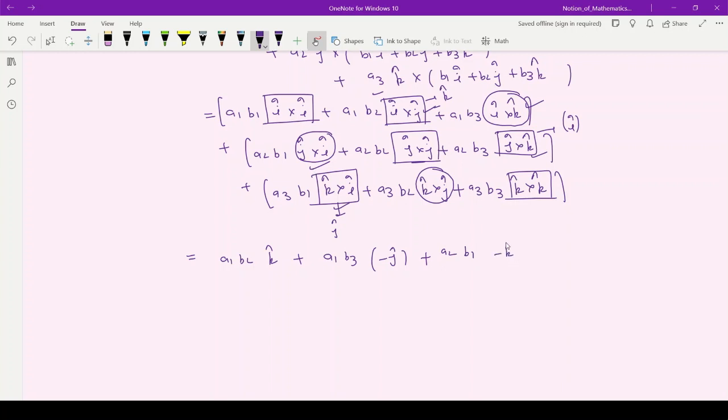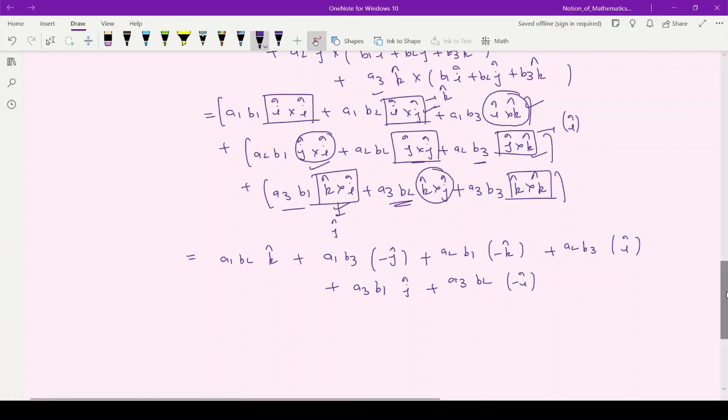Minus K cap, plus A2 B3, what is J cross K? That is I cap, plus from this one A3 B1, K cross I is J cap, plus this term A3 B2, what is K cross J? That is our minus I cap.